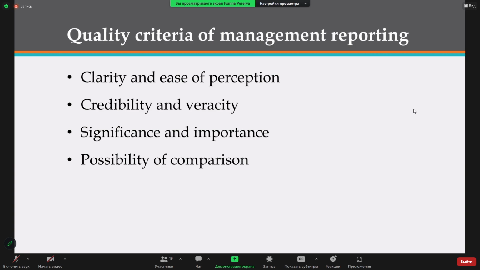For example, if you have a lot of different articles which you want to include in your management reports, but you are not sure that all these positions will be in your activity for half a year or a year, in this case you should group these articles into some groups according to the meaning of their positions.